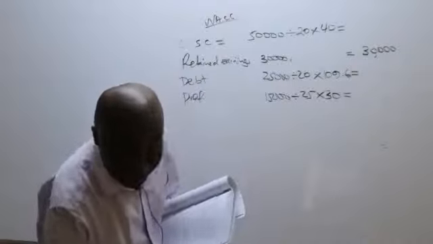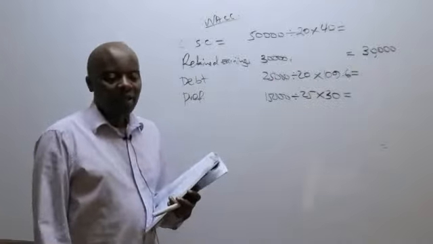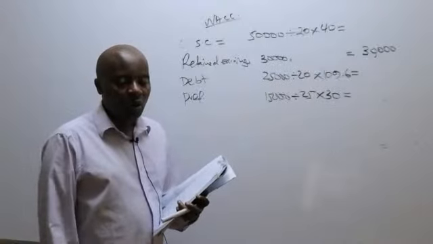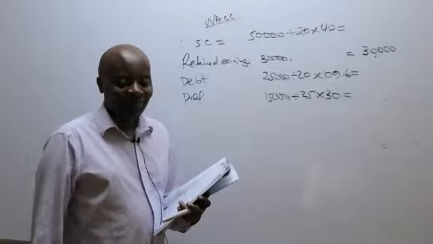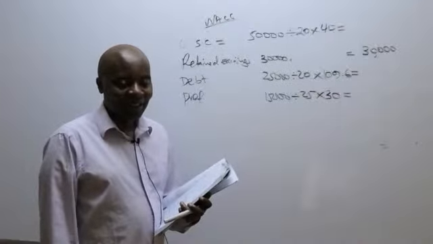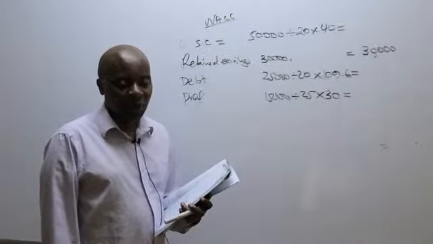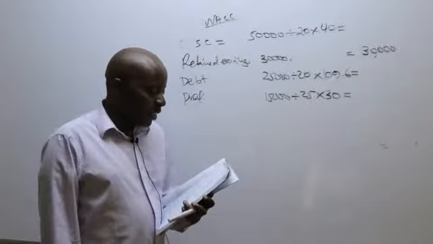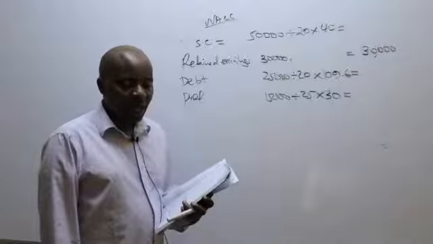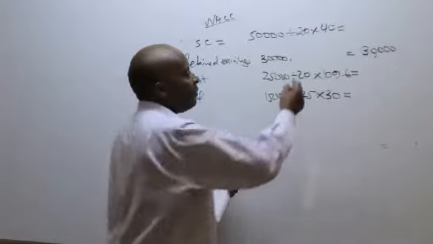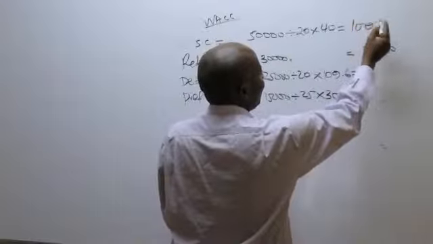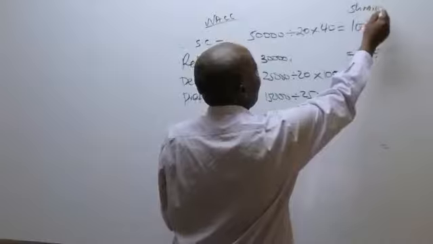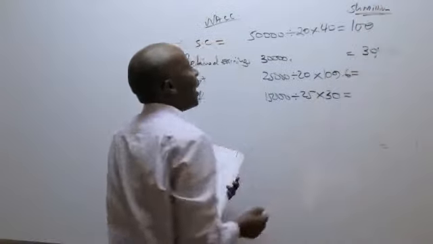What figures are we looking at? Ordinary share capital, the market price. I'm being told ordinary is 100 million. Let's put our figures in thousands or in millions. So 100.